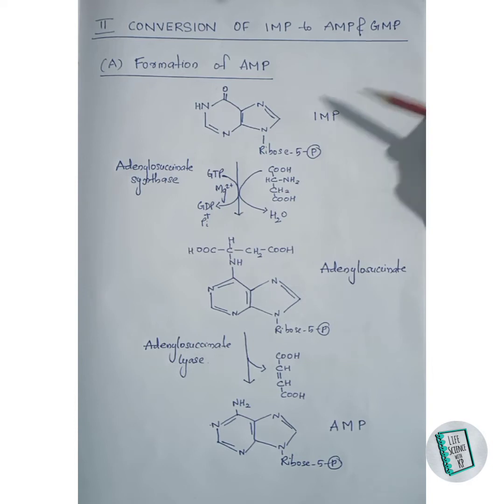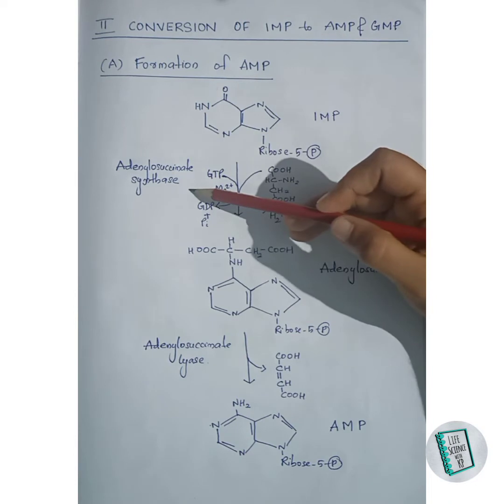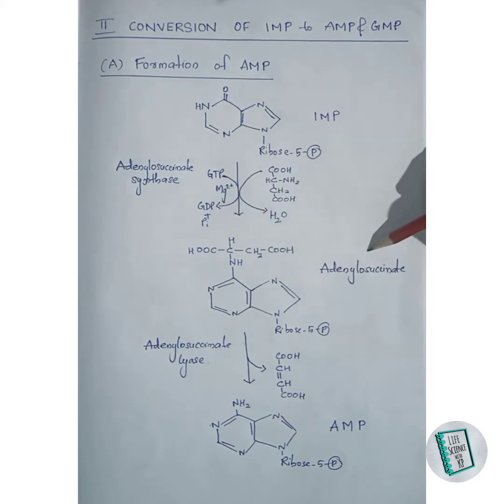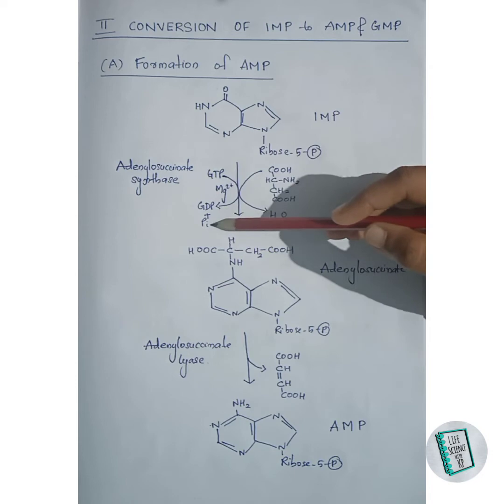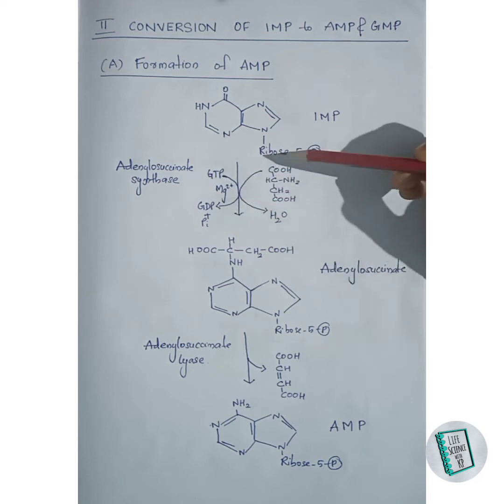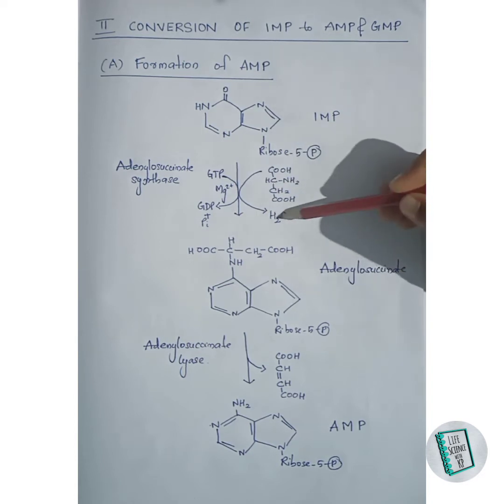So here, this is the IMP molecule which was formed, and this IMP molecule in presence of adenylosuccinate synthase forms adenylosuccinate. So what happens here is energy is required, and this GTP is hydrolyzed to GDP and inorganic phosphate, and this releases energy, and with this energy this aspartate molecule joins with this IMP and forms adenylosuccinate with the removal of a water molecule.